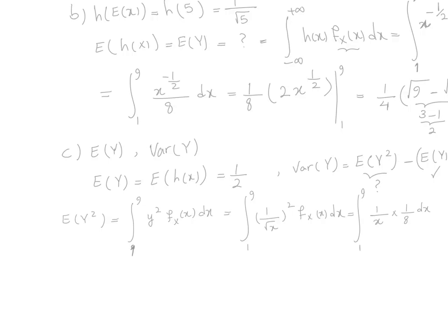And we know if we want to calculate this integral, it's equal to ln. So this is ln of x from 1 to 9, so it's ln 9 minus ln 1. We know that this is 0, and we have the factor 1 over 8 here, so it is ln 9 over 8.